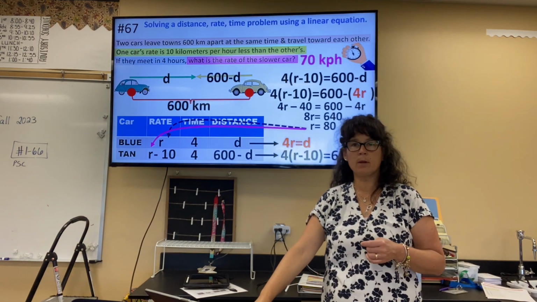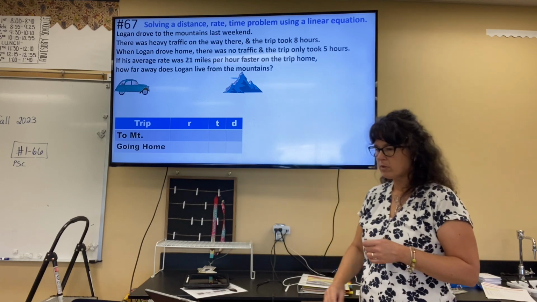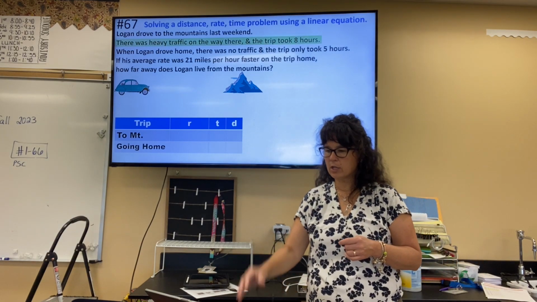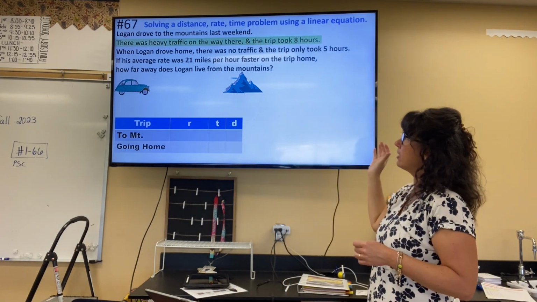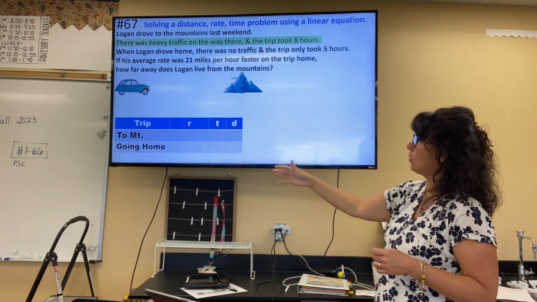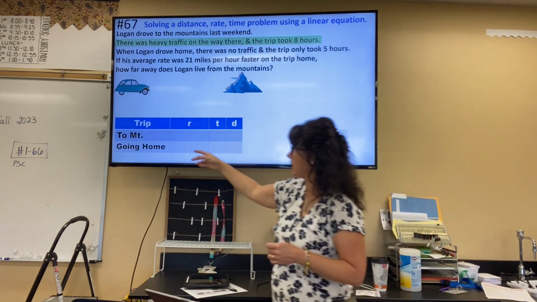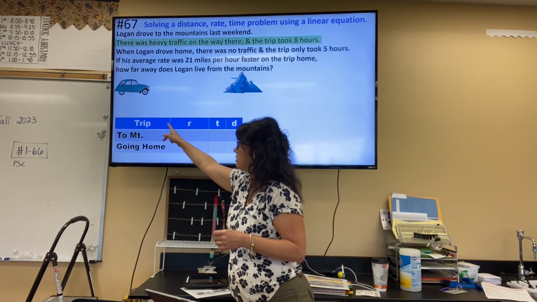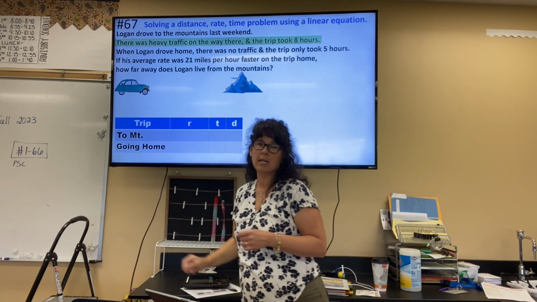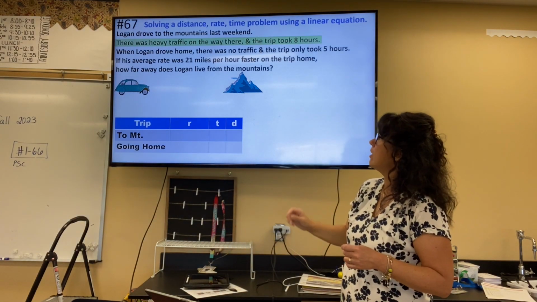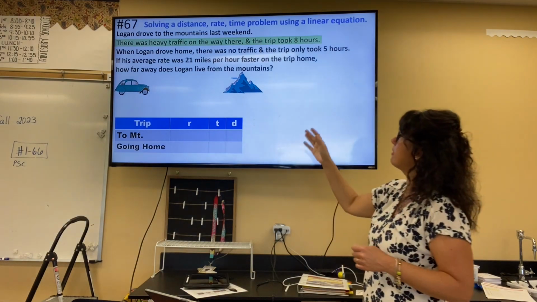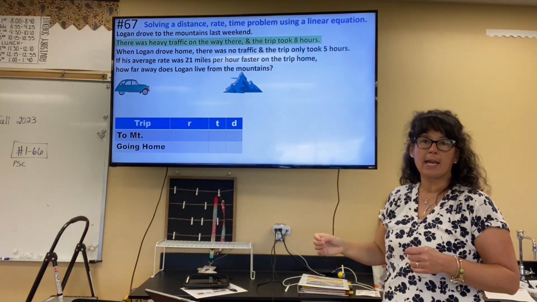Okay, so let's do one more example here. This time we have Logan driving to the mountains and then driving from the mountains back home. So my two different situations here, my two different trips, are to the mountains and going home. There was heavy traffic on the way there and the trip took 8 hours.